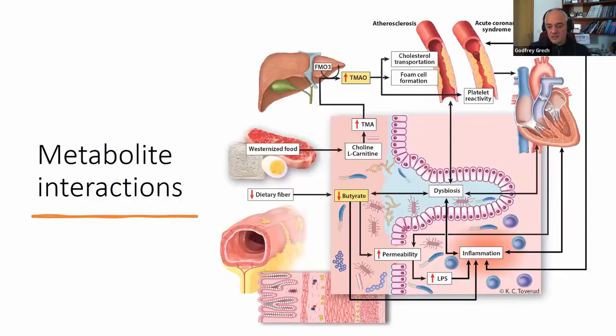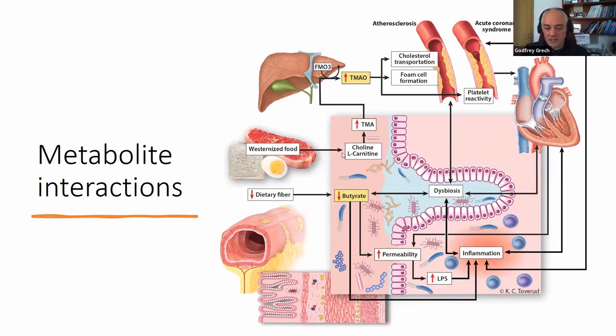So this is just one figure showing the interactions. We talked about the yellow box, butyrate being low, which would result in dysbiosis and permeability of the cell lining, which would result eventually in inflammation. We showed it in a different way, but this is the lower part of the figure.